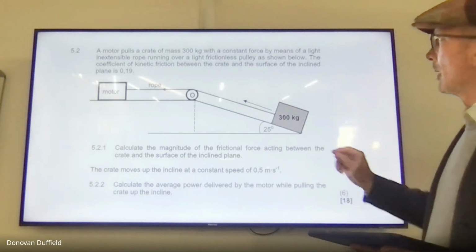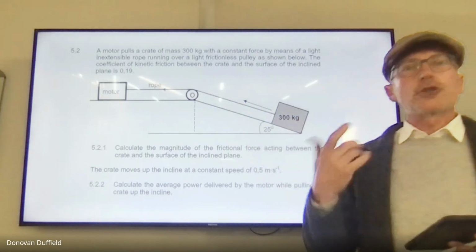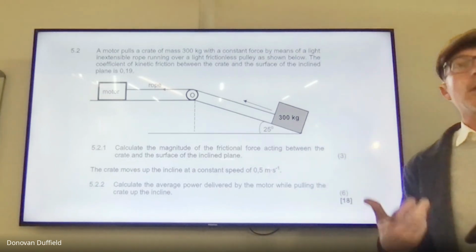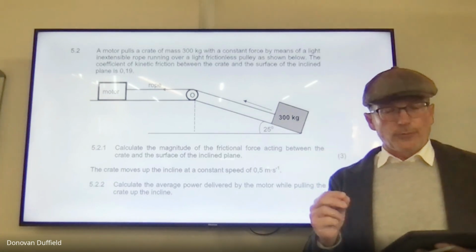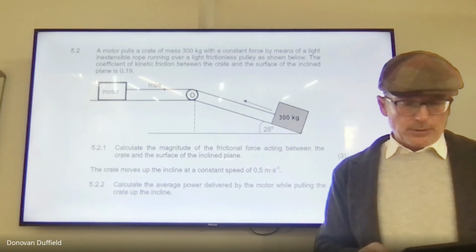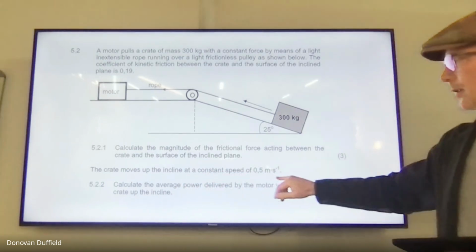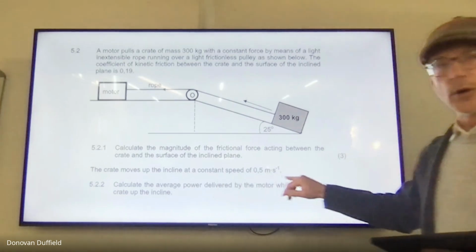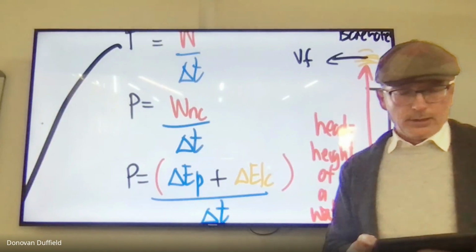If, however, it is being pulled up at a constant velocity, then the change in velocity would be zero and the change in kinetic energy would be zero. Then the work done by the non-conservative force would only be a change in potential energy. So you will see later on when we come back to this that the crate is moving up at a constant speed, which negates the change in kinetic energy.